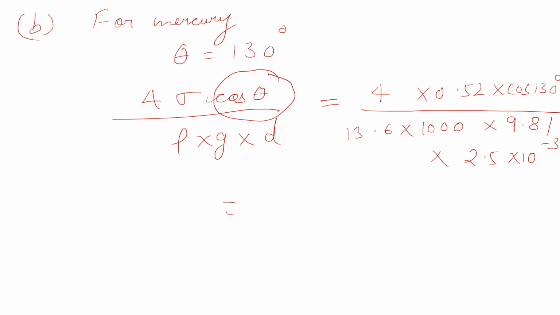So we will get minus 0.004 meter, that is equal to minus 0.4 centimeter. So this is our answer, and the negative sign indicates that the capillary is going down, that is there is capillary depression.